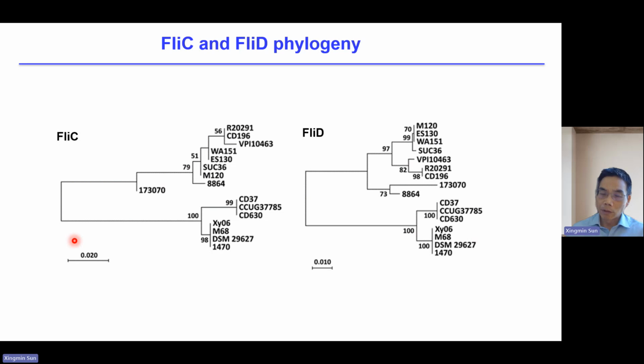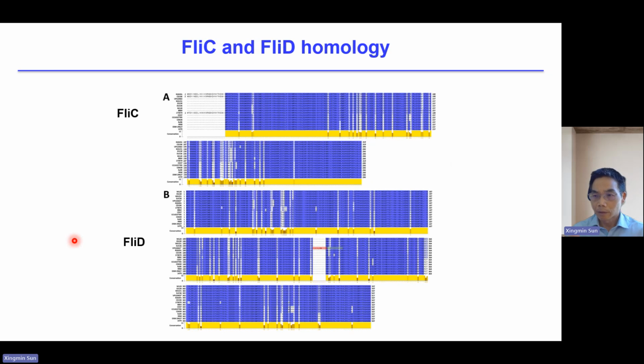Okay, so we found there is not much variation among the same ribotype of C. difficile cells. Then we did a detailed line-by-line homology comparison of FliC and FliD among different toxin type strains and the ribotype strains.